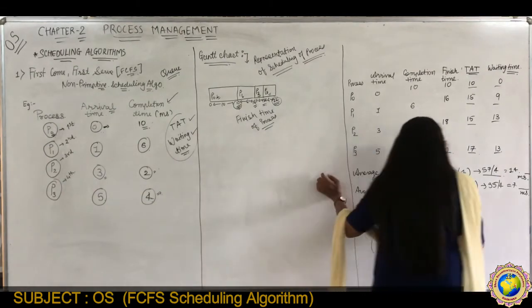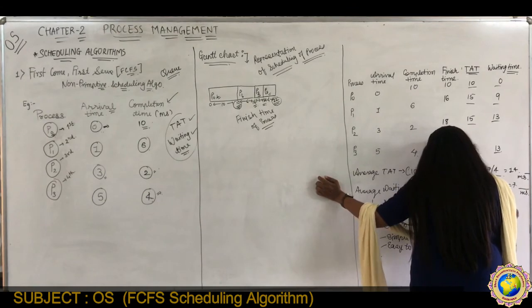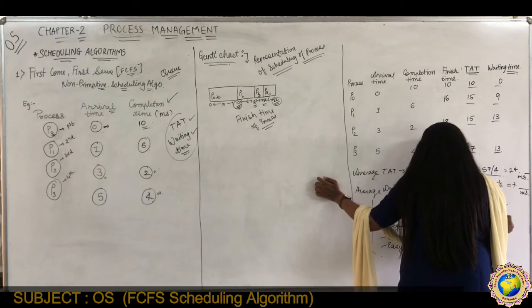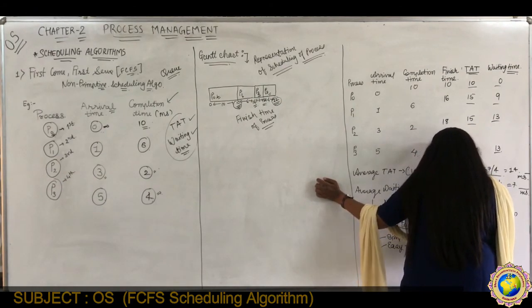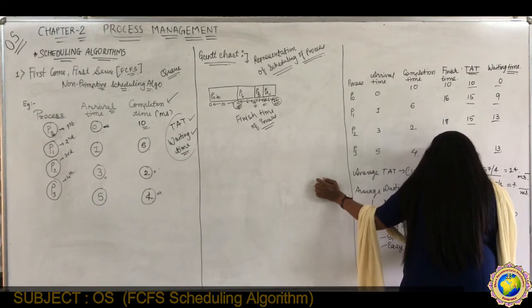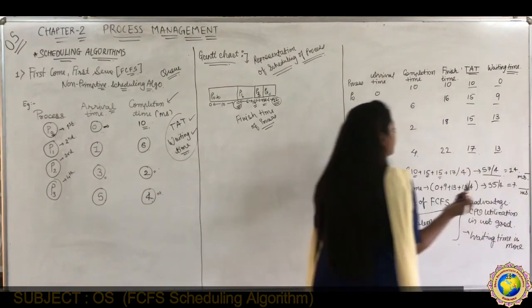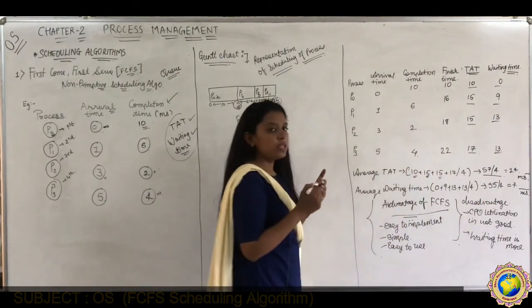And what about the disadvantages? The CPU utilization is not high, and the waiting time is more. These are the two disadvantages of FCFS.